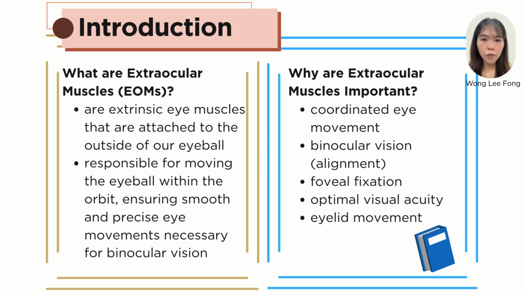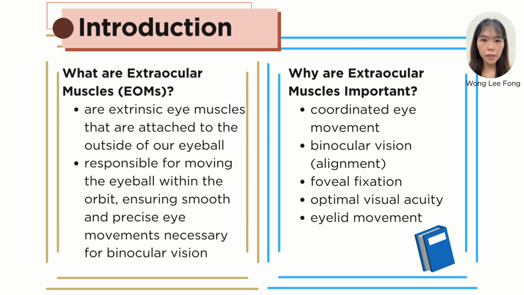They include 4 rectus muscles: medial rectus, lateral rectus, superior rectus, and inferior rectus, and 2 oblique muscles, superior and inferior oblique. In addition to this, the levator palpebrae superioris muscle controls eyelid elevation, though this is not classified as an extraocular muscle.